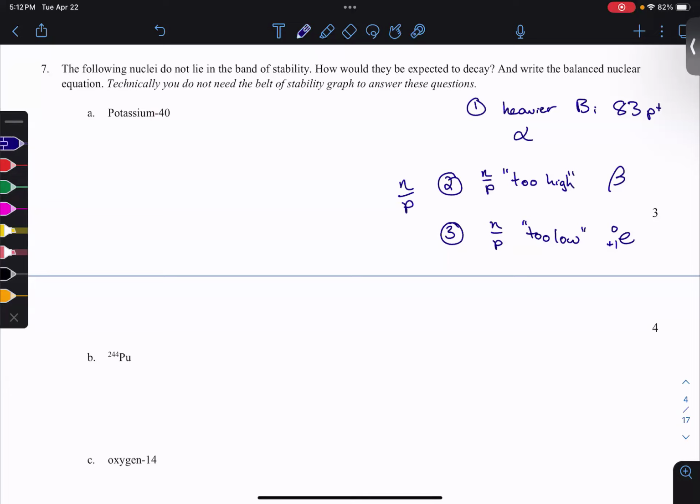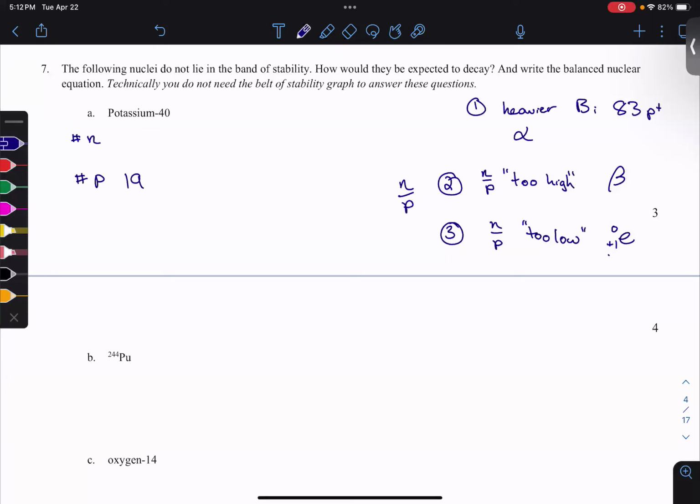So let's look at the first one, potassium 40. We just need to decide how many neutrons and how many protons there are. Someone asked, could something too low also be electron capture? That is also correct. Yes, electron capture has the same net effect as positron emission. Okay, so potassium 40 has how many protons? 19.